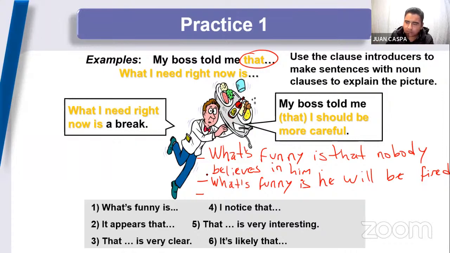It appears that you can talk about this guy, right? He's nervous, or he will throw away all the food. That he was about to fall down is very clear, right? Something like that.